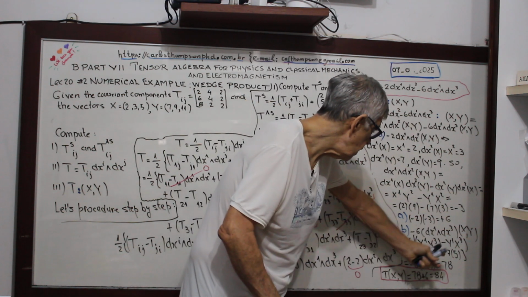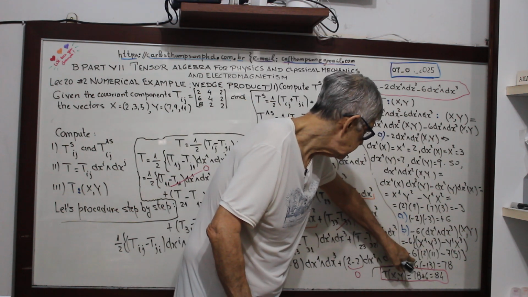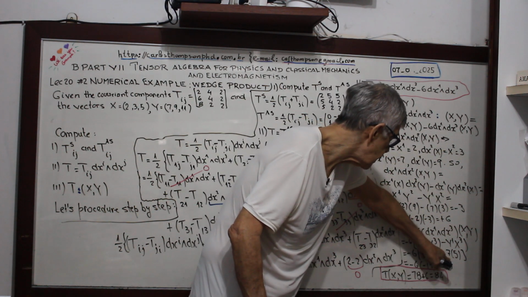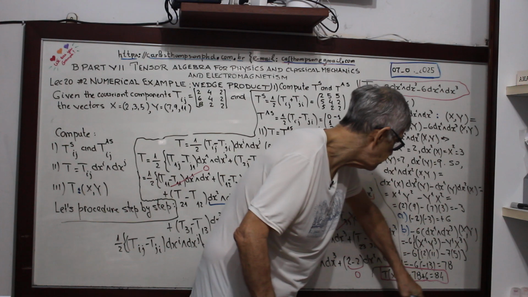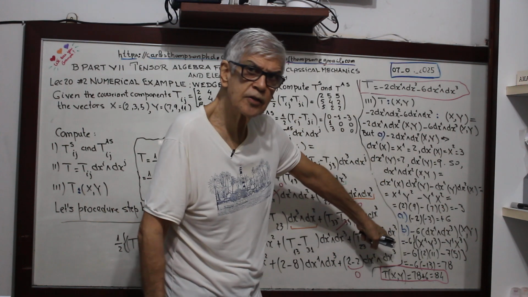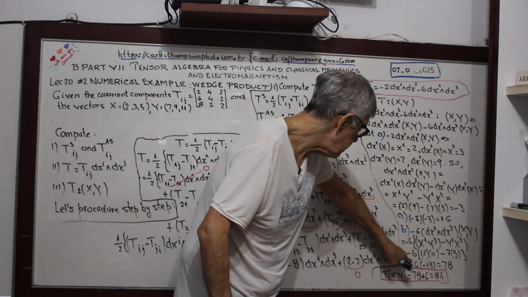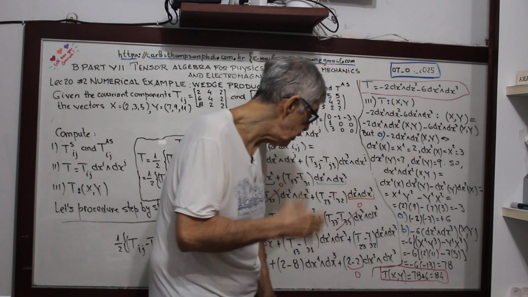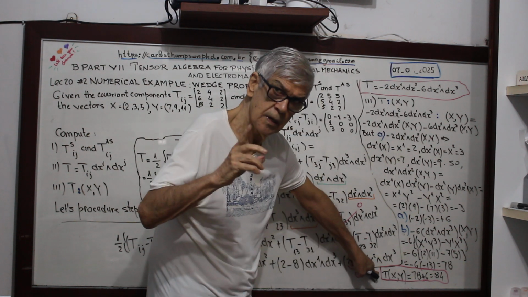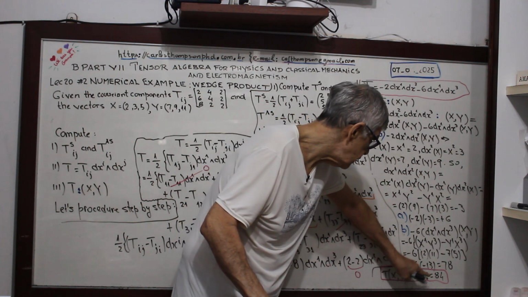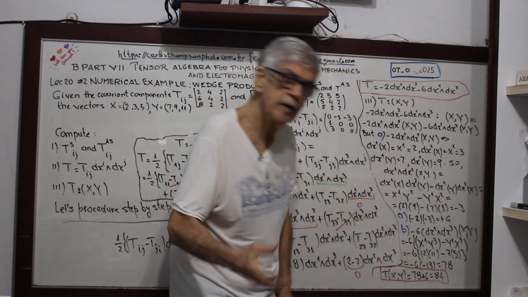Now I substitute numbers. So this is minus 6 multiplied by (2 times 11 minus 7 times 5), which is minus 13. So multiplied by minus 6 is plus 78. The answer is T acting on x, y is 78 plus 6, which is 84.